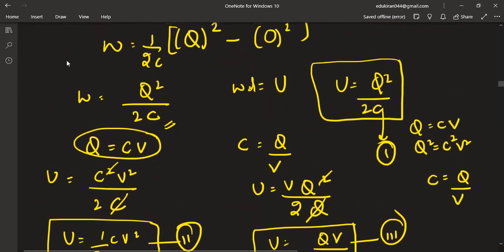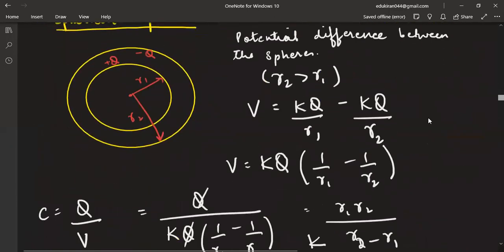As I was mentioning, these three energy formulas everybody knows, and this is very basic. Out of all these three, remember half CV square and just convert to the others if required. Half CV square is sufficient for you all.